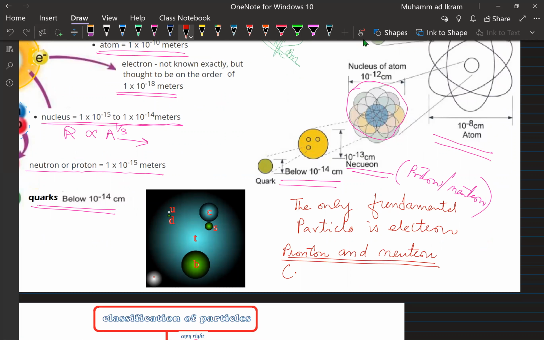I usually call them composite particles, because they are composed of what? They are made up of other particles. We call them quarks, rather a combination of quarks. Proton is made up of 3 quarks, and neutron is also made up of 3 quarks.